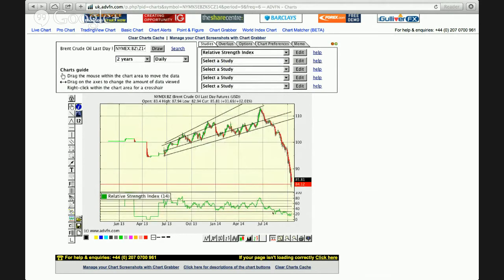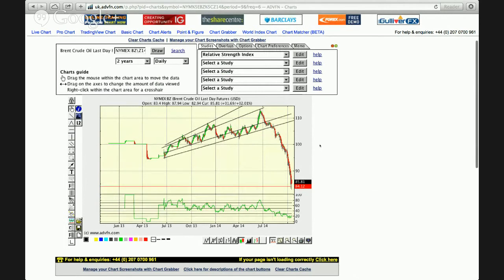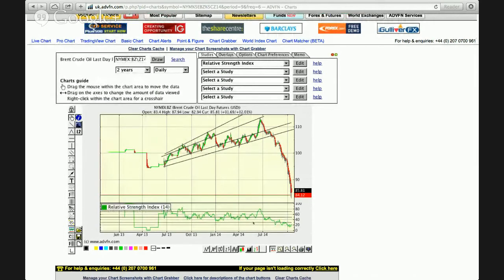Okay, this is quite good, because we again see an overbought position. You see this band is at 70, and this one is at 30. So 70 is considered an overbought position, and it actually broke the 70 at around this time point.